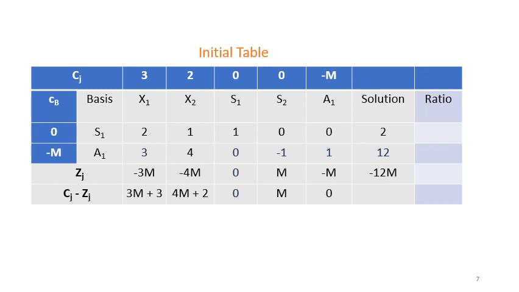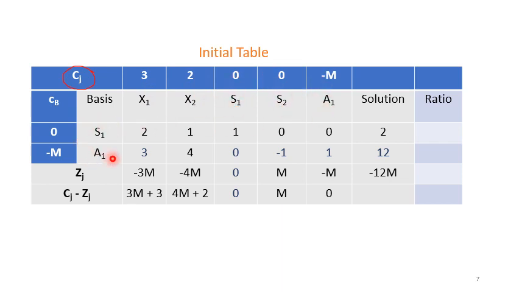Cj is the coefficient of the objective function. Your objective function was 3x1 plus 2x2 plus 0s1 plus 0s2 minus M a1.